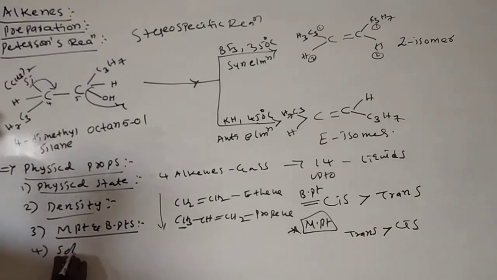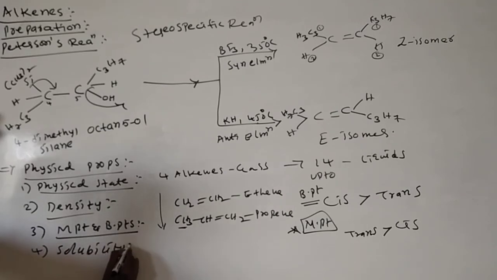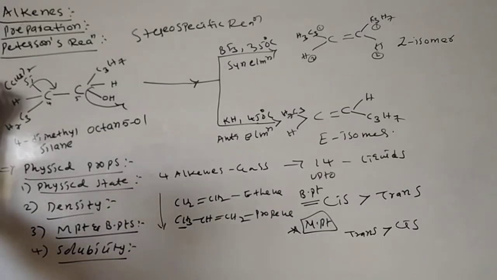Next in continuation, solubility. Alkenes, like alkanes, are 99.9% insoluble in water, because alkenes are non-polar molecules and water is a polar molecule. Due to that, they are completely insoluble in water, but soluble in benzene, ether, and similar non-polar solvents. The solubility in those non-polar solvents gradually decreases with increasing surface area.